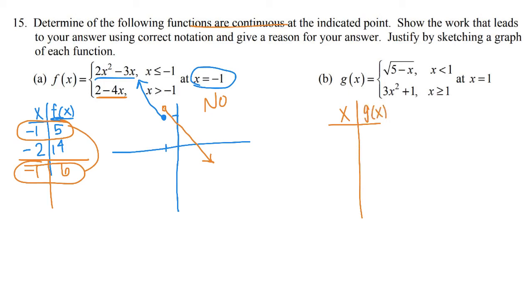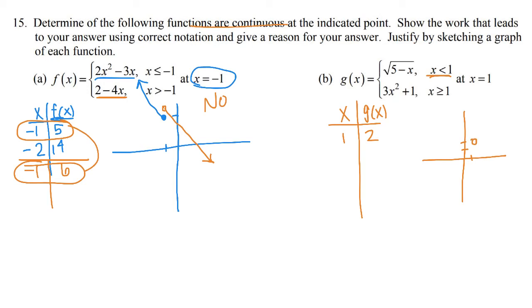And again, we're going to do a good little quick sketch here. We know what our square root function looks like, and we want to know about values of x that are less than 1. So I'm going to start at 1, and if I substitute in, that gives me the square root of 4, which is 2. So I know at 1, 2, I have an open circle.